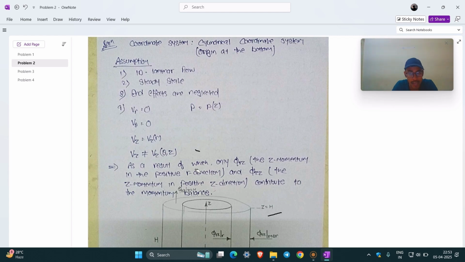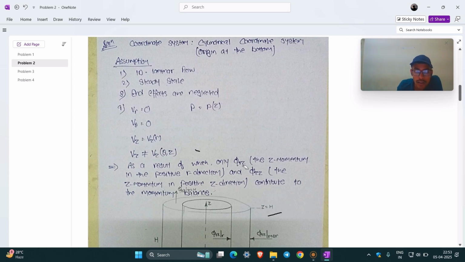So it may have three flux components, that is, phi zz, phi yz, or phi xz, but since in this case we are comparing to the Cartesian coordinate system, here we have phi zz, phi rz, and phi theta z.